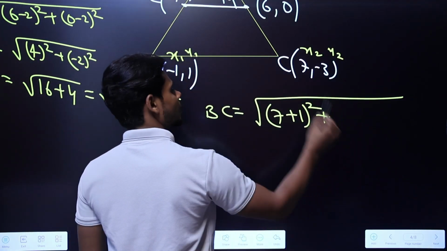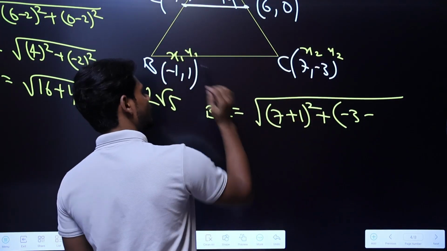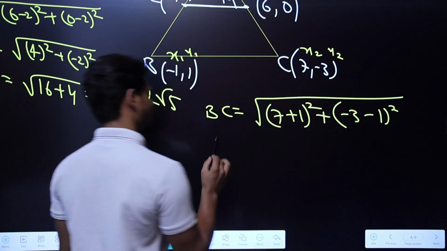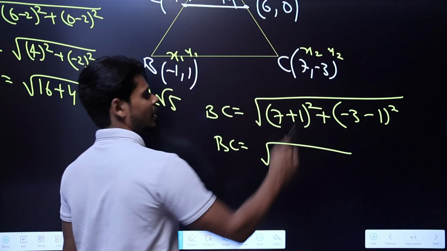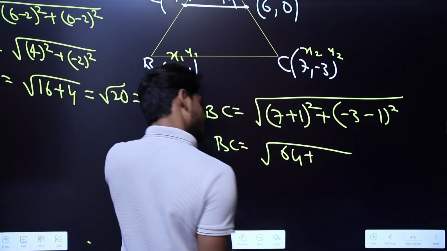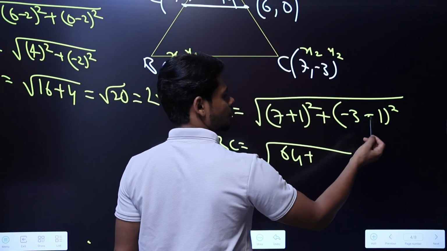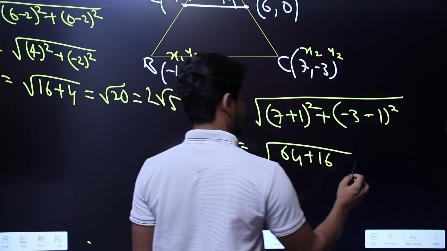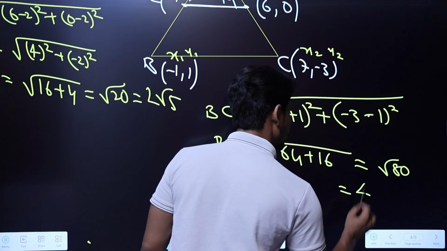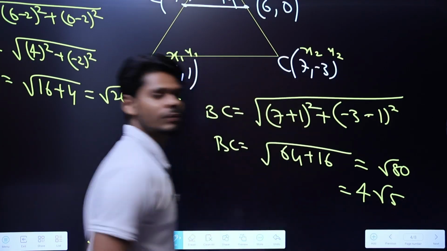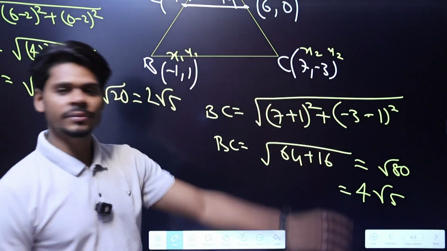Then plus, then y2 minus y1. y1 is 1 to the whole square. Let's solve this. So it comes out to be 7 plus 1, 8. 8 squared is 64. Then plus, this is what? Minus 4. Minus 4 squared is 16. So it comes out to be 80. Now it will be 4 root 5. 4 fours are 16 and 16 fives are 80.